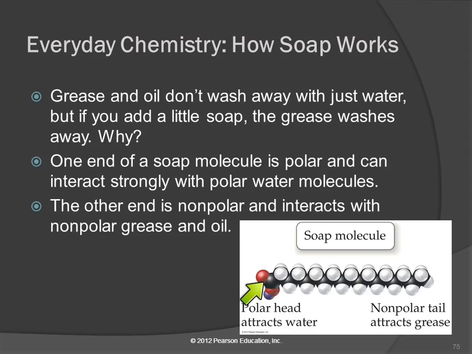Soap has a polar head, so this interacts with water really well because it has partial positive and partial negative charges on it, and so it can be attracted to the water. And then it's got this long tail that is nonpolar and is very much like the grease and oil molecules. And so this can interact with the grease and oil molecules.